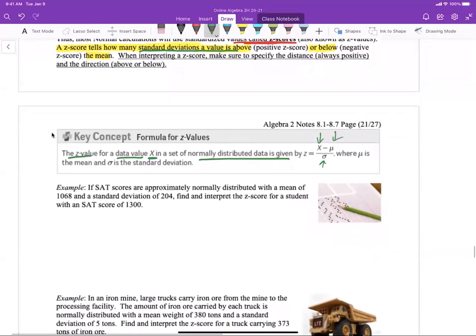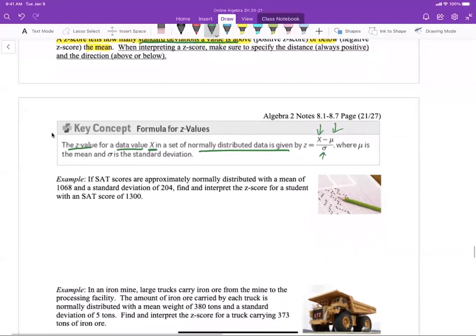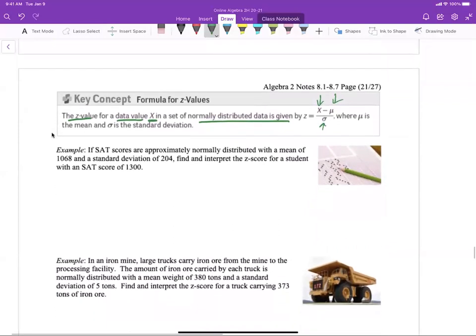All right, so let me show you how to calculate some z-scores. If SAT scores are approximately normally distributed, which they are, with a mean of 1068 and a standard deviation of 204, find and interpret the z-score for a student who has a measurement of 1300. All right, so let's use our equation.